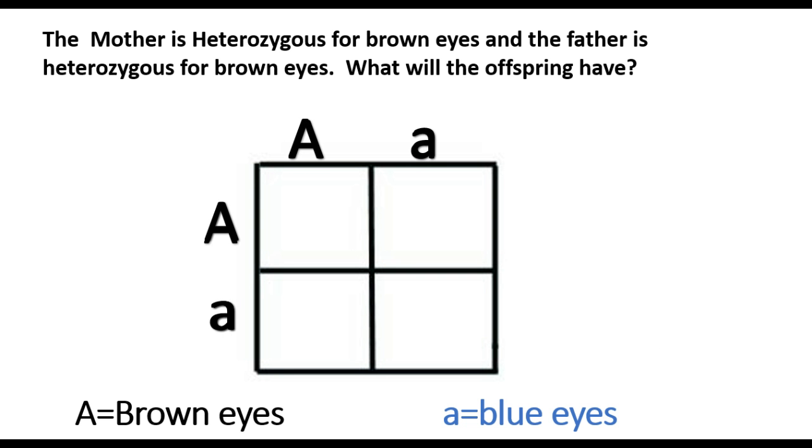This time, the mother is heterozygous for brown eyes, meaning that she carries the trait for brown eyes, and the father is heterozygous for brown eyes. So both parents have brown eyes. So if they're heterozygous, we're going to get an uppercase letter A, lowercase letter a, uppercase letter A, lowercase letter a.